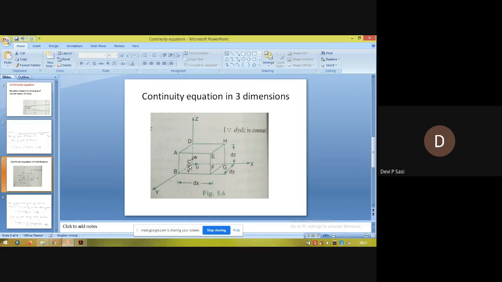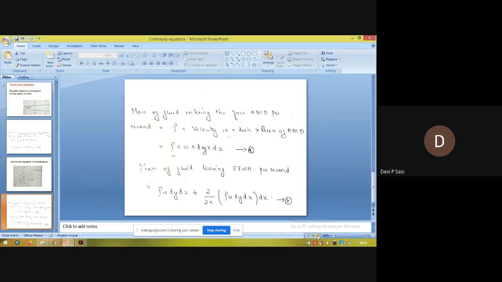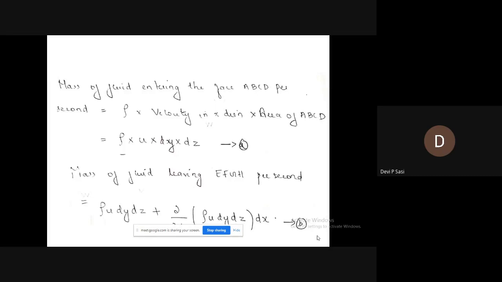You see, this is dy and this is dz. So the mass of the fluid entering the phase ABCD will be rho into u into dy dz. Assign it as equation A. Now, the next step is we have to find the mass of fluid entering EFGH per second.